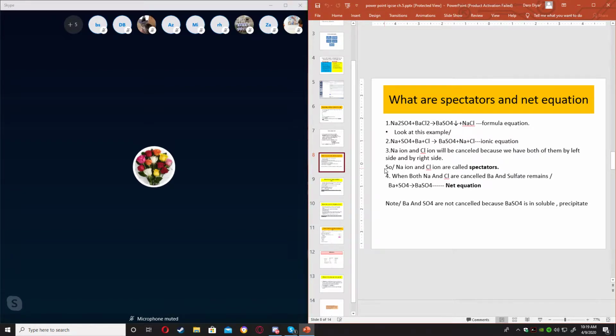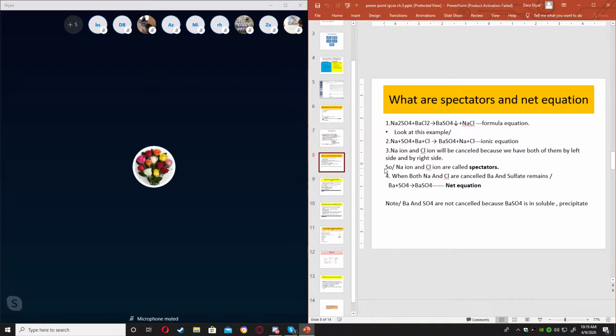Okay, so sodium and nitrate are spectators, but AgCl is in the net equation because it is insoluble. Aran, is it clear now?